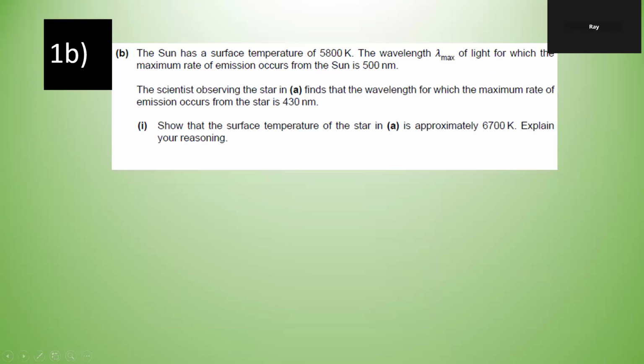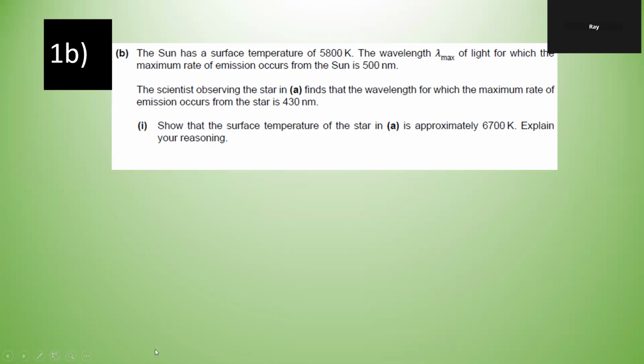The Sun has a surface temperature of 5,800 Kelvin, and the wavelength lambda max of light at which the maximum rate of emission occurs from the Sun is 500 nanometers. Scientists observe that the star in A has a wavelength at which the maximum rate of emission occurs at 430 nanometers.